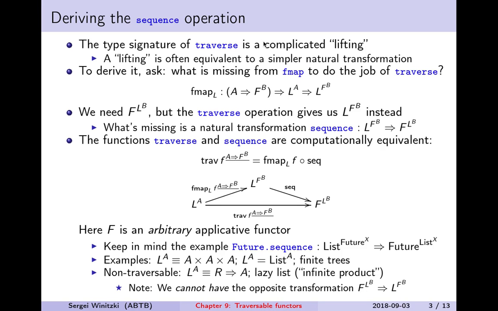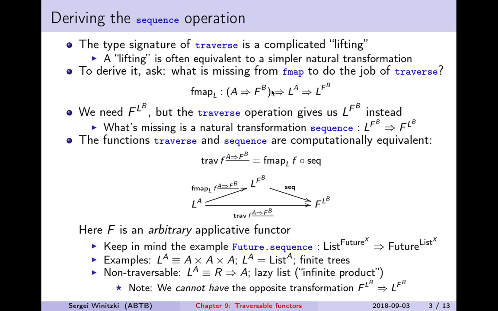To derive it, I ask the question, so why can't we have fmap to do the work of traverse? Fmap would have this type signature. Sorry, this is actually the type signature of fmap, but traverse needs FLB here instead of LFB.